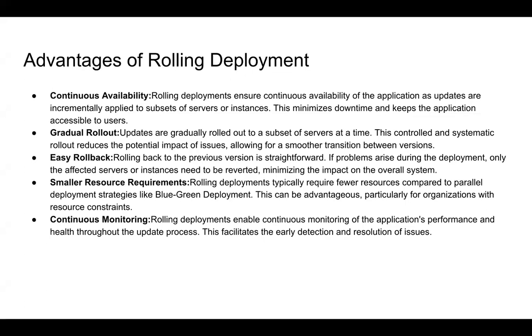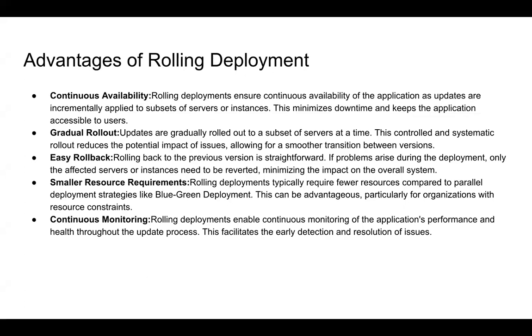So for rolling deployment, it's continuously available for the users. Updates over here are pushed into the servers incrementally, so it really minimizes the downtime and keeps the application accessible to users.